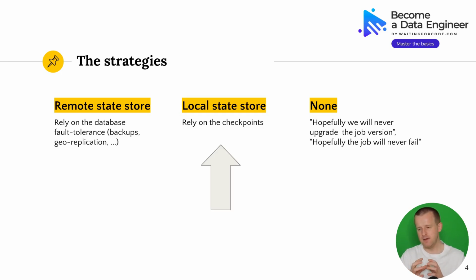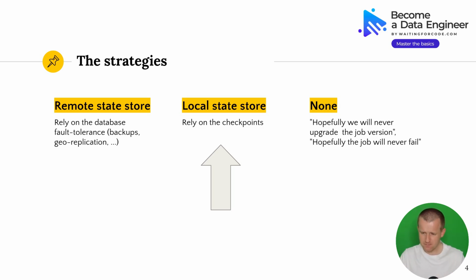In this lesson, we will really focus on this local state store part because, as I said already, it's one of the most commonly implemented approaches in streaming processing frameworks. And I think that you, as a data engineer, will probably work with it. Unless you don't want to invest your time into learning a data processing framework and prefer writing stuff on your own, in which case maybe a remote state store will be your friend.